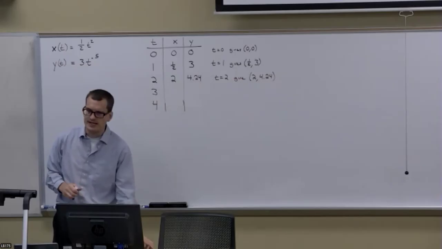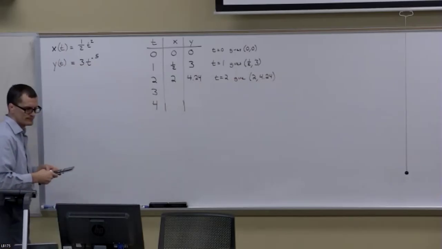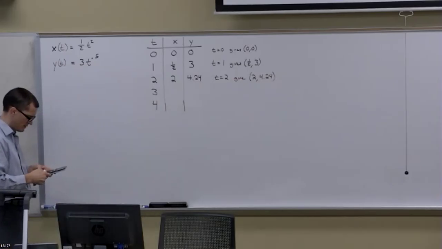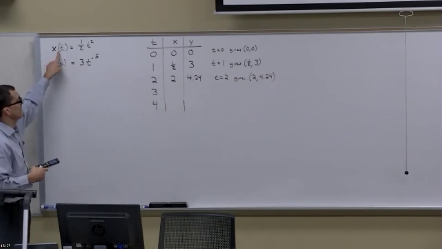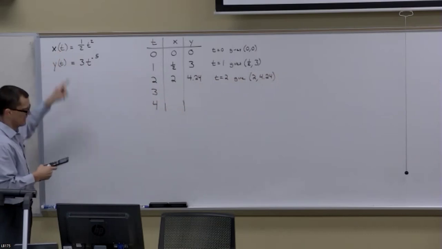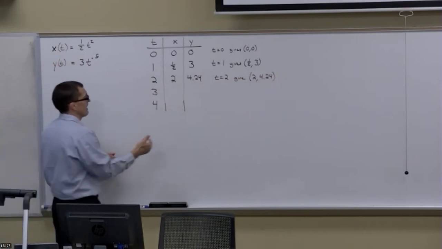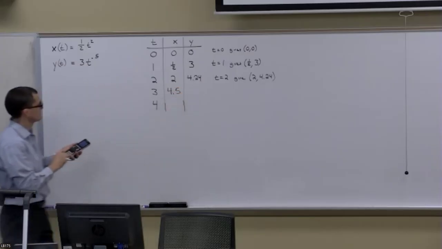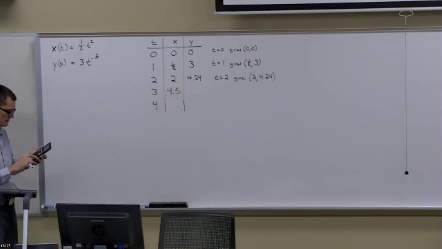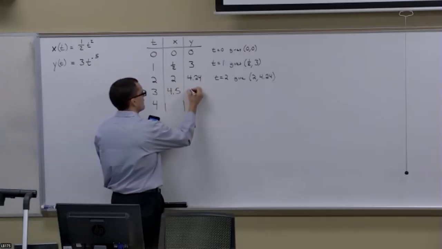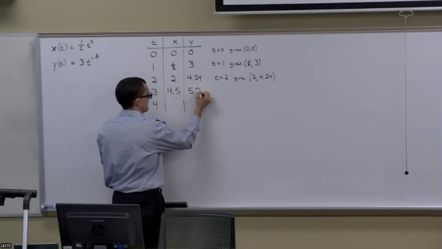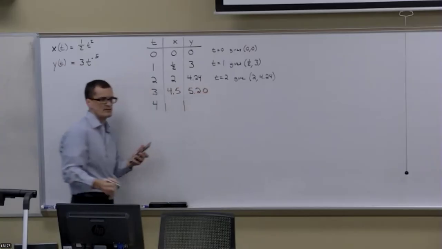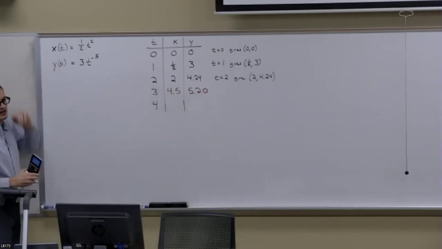I'll plug in a 3 and then plug in a 4. When I plug in 3 into the x equation, that's going to give me 4.5. That gives me roughly 5.2 when I round it, when I plug into the y equation.